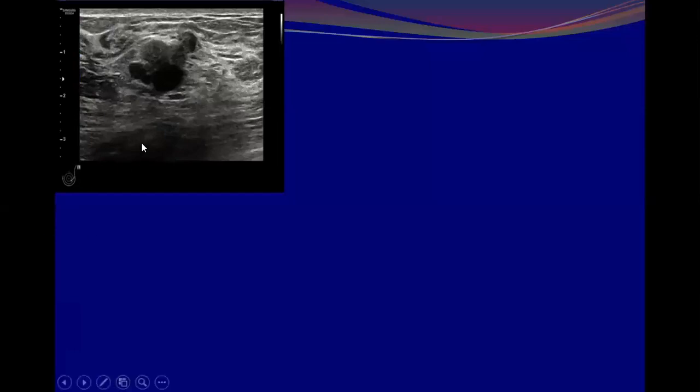What is your impression about these lesions? How can we label it, or just describe it?